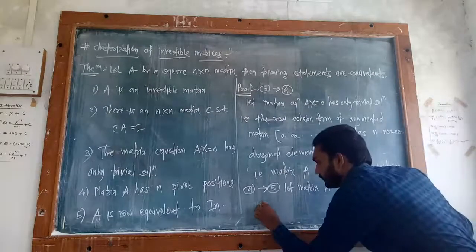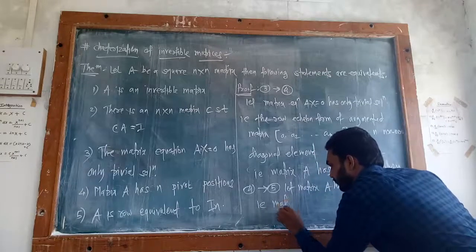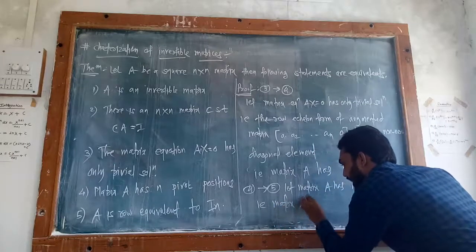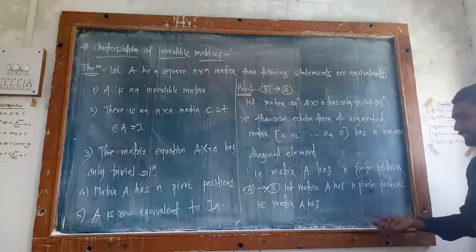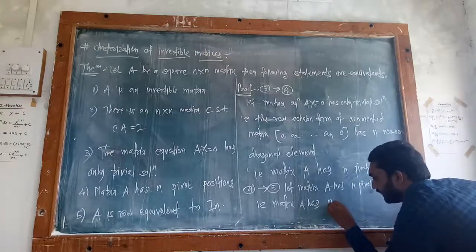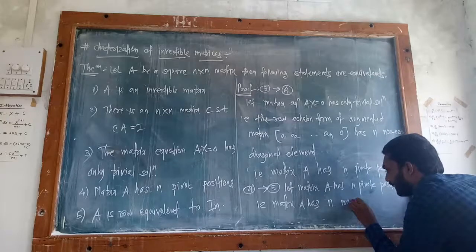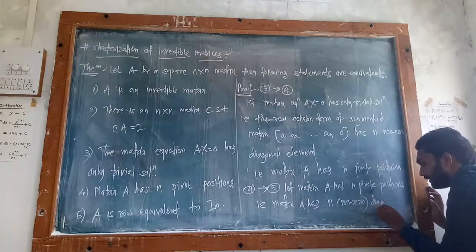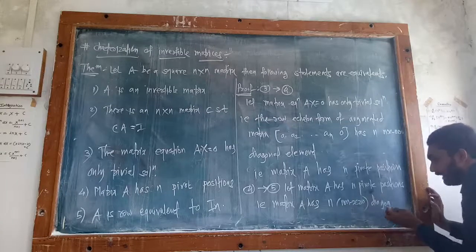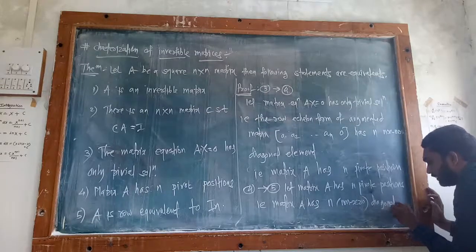That is, matrix A has n pivot positions means matrix A has n non-zero diagonal elements.